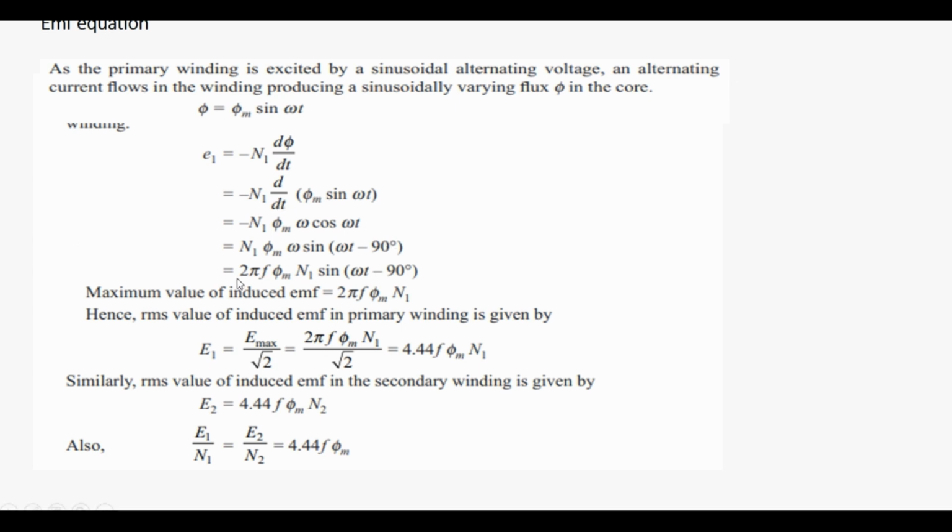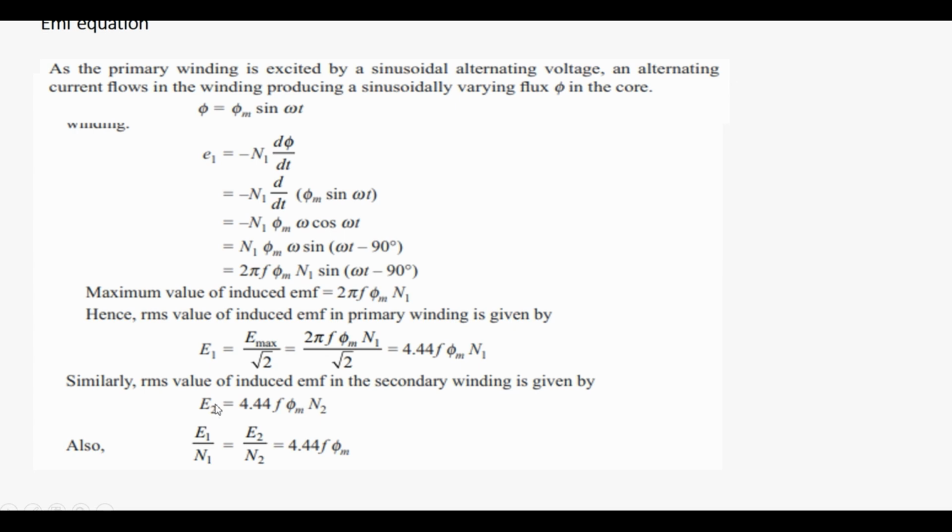Then from that we can consider that this flux and this EMF are lagging, that means the flux will come first, then the EMF will come later. And if we consider this 2 pi f value in RMS, then the constant value 4.44 will come from that particular expression only, 2 pi f by root 2, that is 4.44.